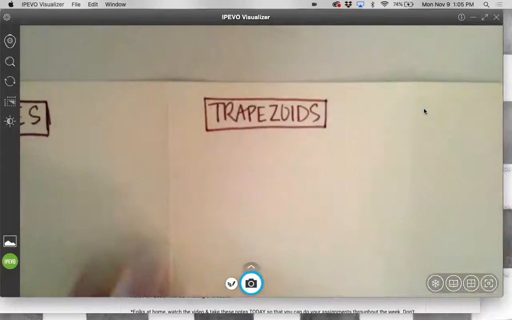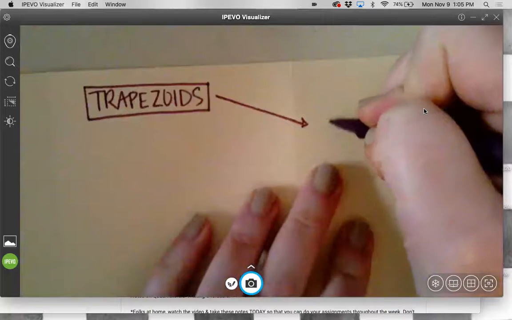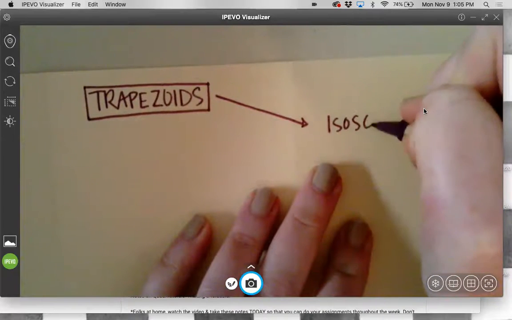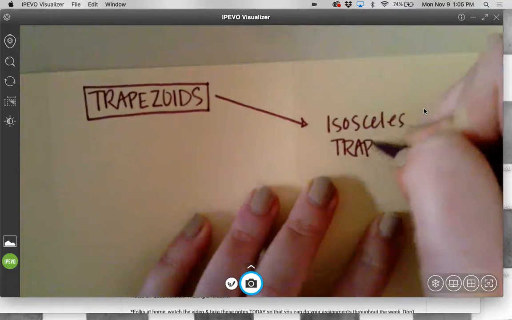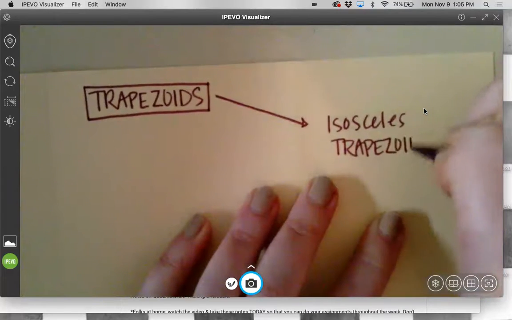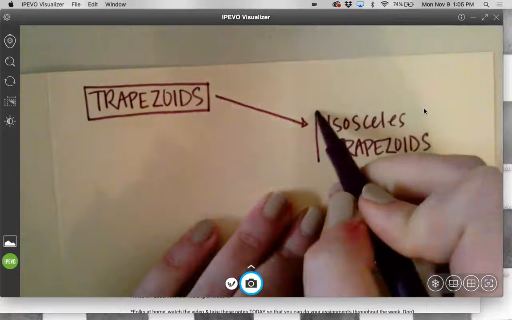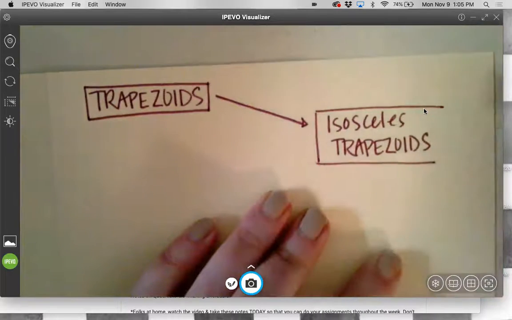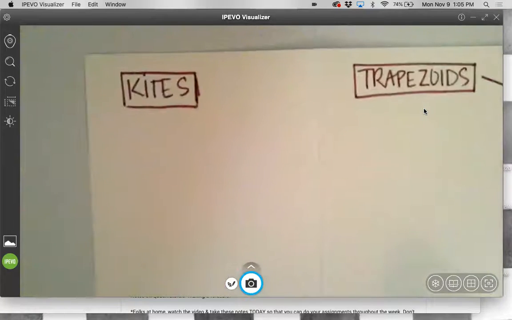And then kind of like we drew that arrow down a little bit from parallelograms to rectangles, we're going to do the same thing, kind of down a little bit, and we're going to call these isosceles trapezoids. And here we go. So I'm going to start with kites.